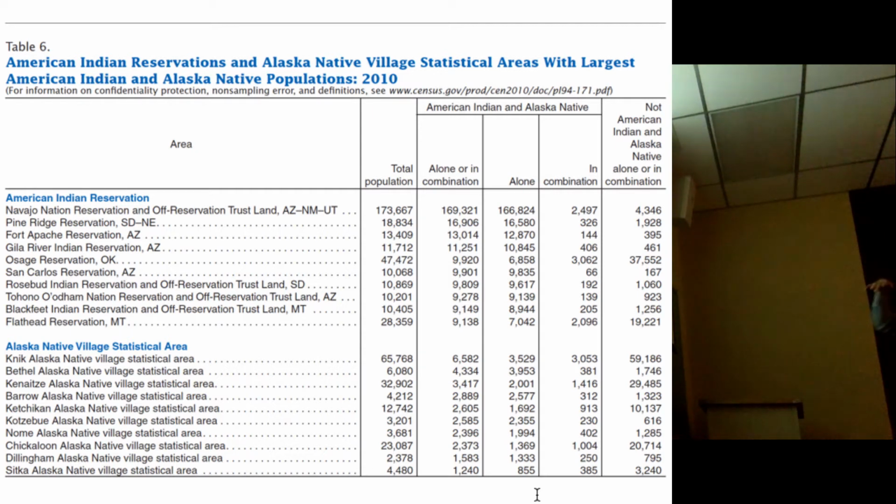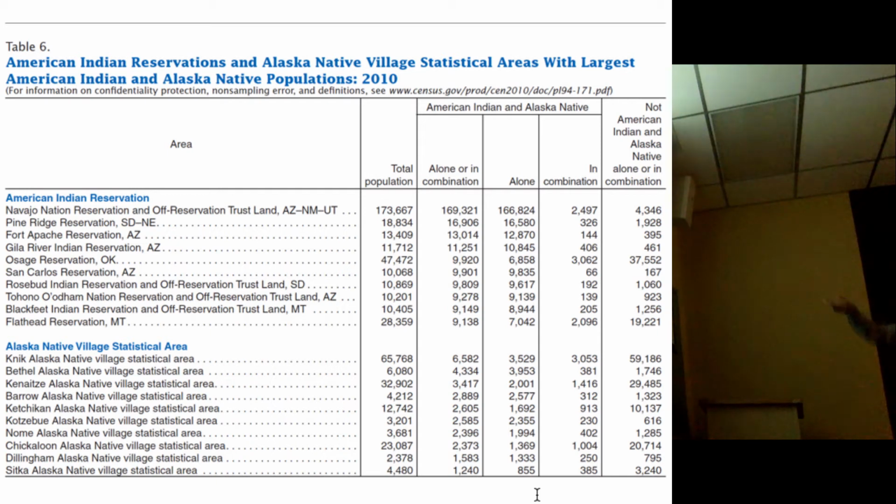More ways of looking at the same sort of thing: reservations versus native village areas. I'm going to ask you about the largest reservations in terms of numbers. Obviously the Navajo Nation is the big one, and then you have some other reservations that have fairly large populations.